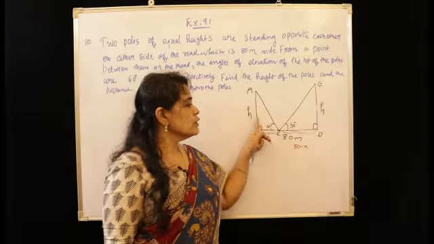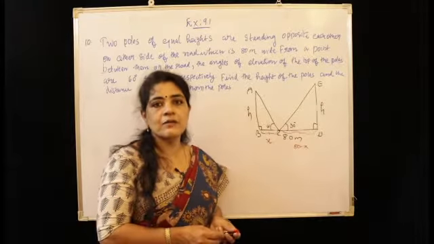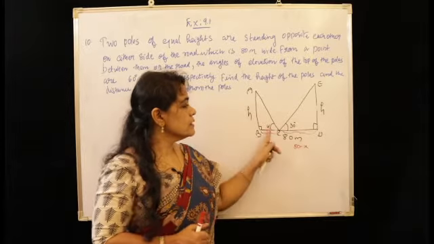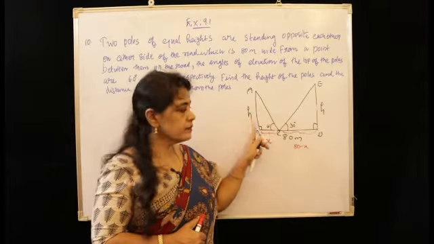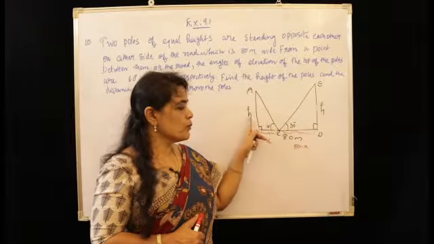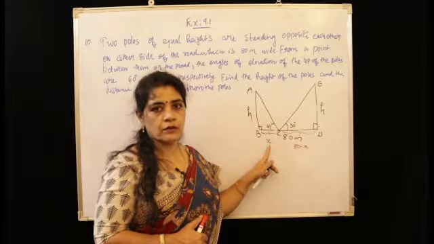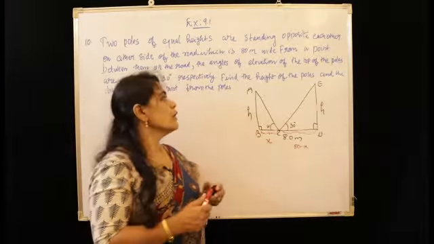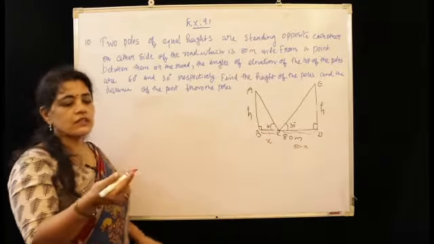Okay, so first I am going to consider triangle ABC, and we can apply tan because we need height and we need this distance, so opposite side by adjacent side. Okay, so tan of 60 degrees. Before that, we can write all these details.